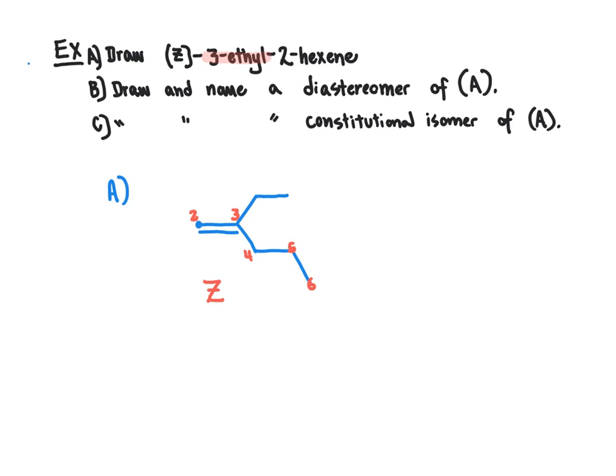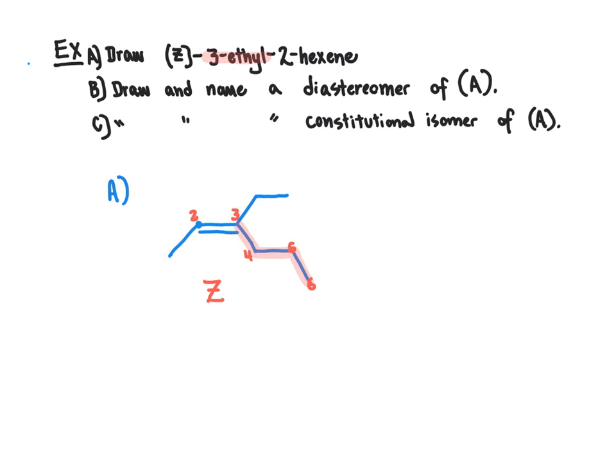So if we look at our carbon atom on the right at carbon 3, the higher ranking group of the ethyl group and the propyl group leading away from that stereocenter is going to be the 3-carbon chain, the propyl group. Therefore, to make the molecule Z, we need the higher ranking group at carbon 2 to also be on the same face of the molecule, and so we need to orient that group pointed downward so that it is on the same face as that higher ranking group bonded at carbon number 3.